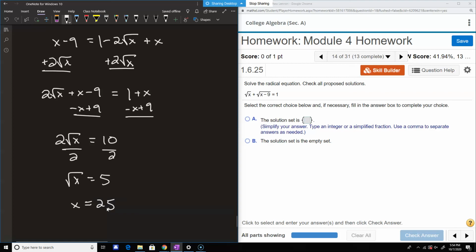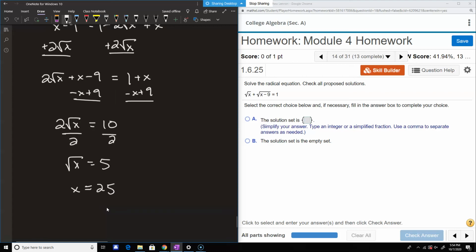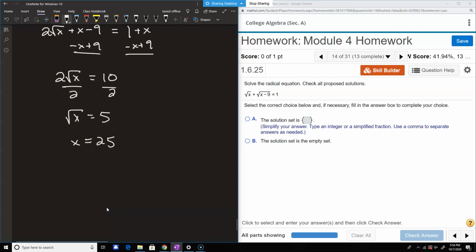So then we just need to do the check. So we're checking in this equation over here, square root of x plus square root of x minus 9 equals 1. So you have square root of 25 plus the square root of 25 minus 9 equals 1.